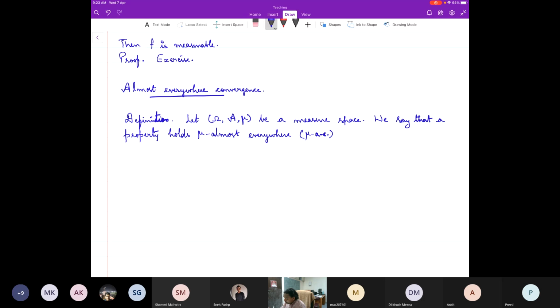Sometimes people may even omit this mu if the measure is understood. Almost everywhere, if the property holds on a set E in A such that the measure of E complement is 0.